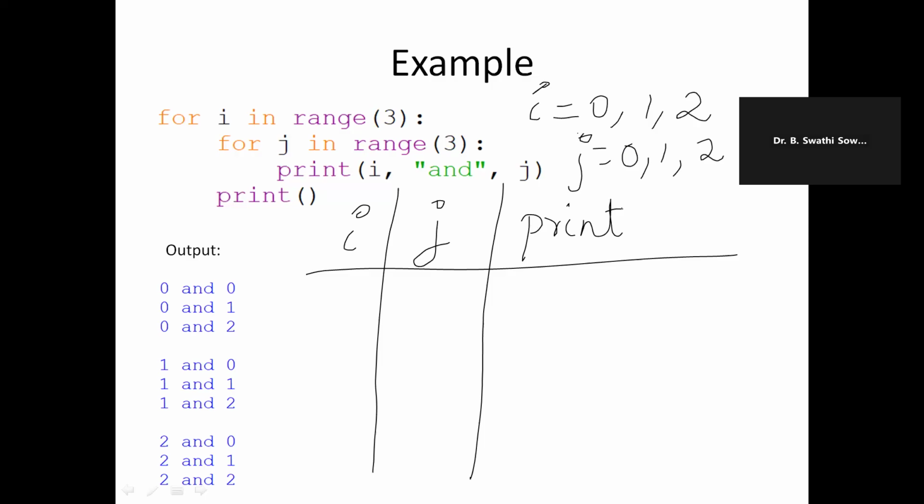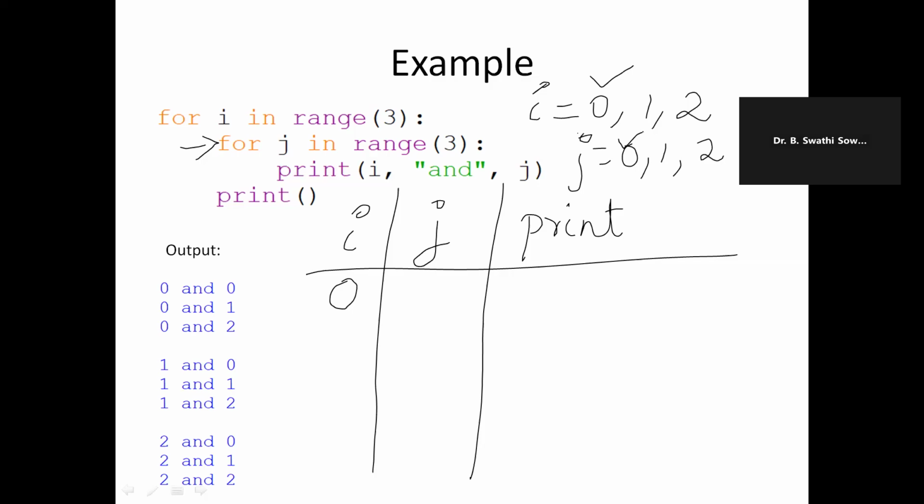So for the first iteration, i will start with 0. It is going to check whether 0 is less than 3, and then it is going to execute the next block of statements. The next block of statements that we have is for j in range 3, meaning here from 0.